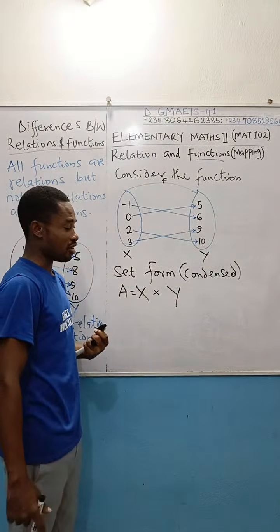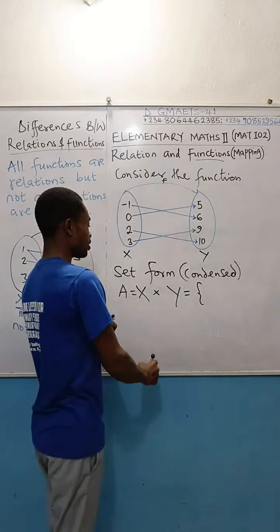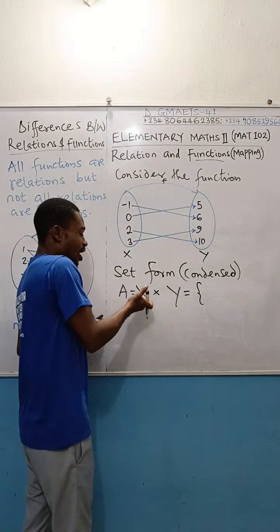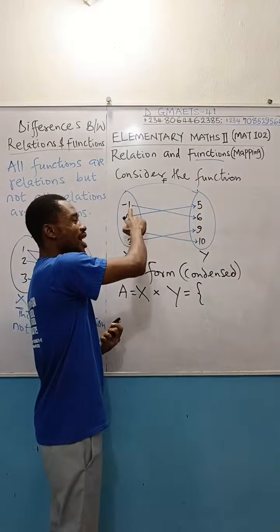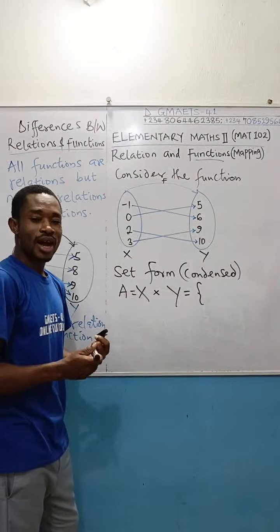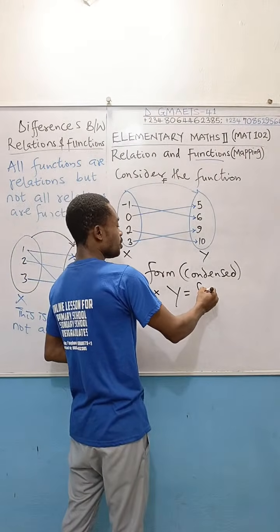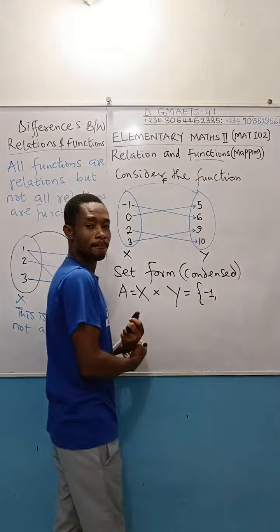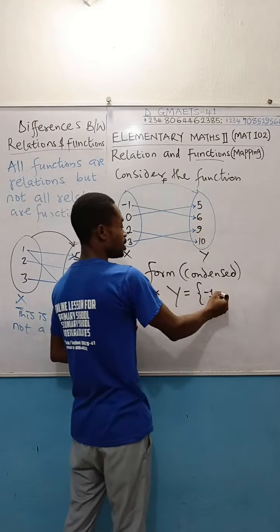Remember when I defined relation, and that is equal to, we now have this set. You can either just simply write A equal to this, or X cross Y equal to what I'm about to write. So you write the domain first. You write the element from the domain first. Now you notice that we have -1, comma, so this -1, the value assigned to it is 6.